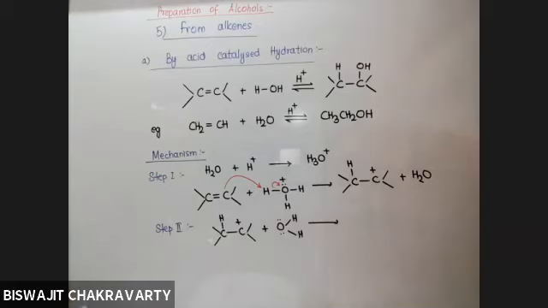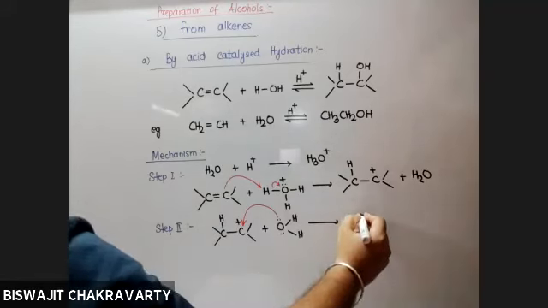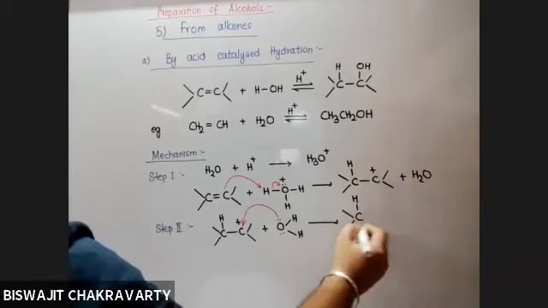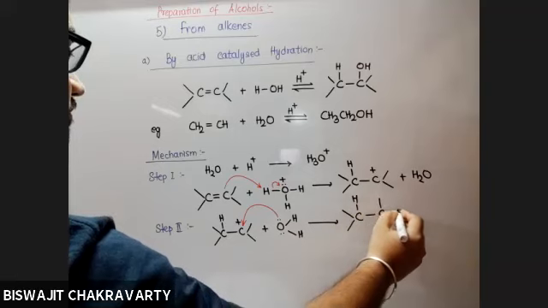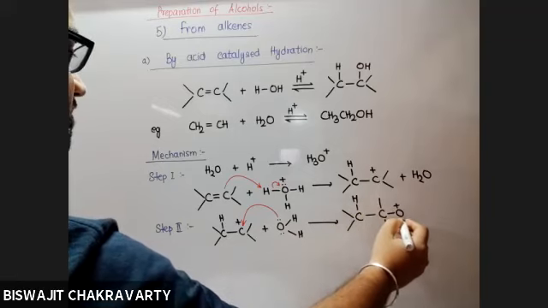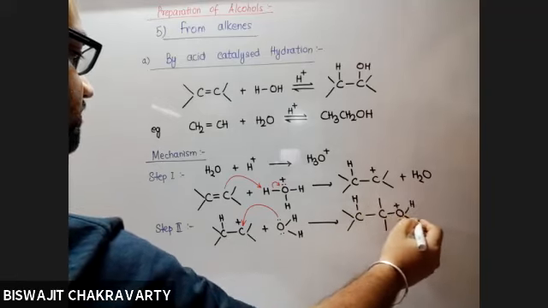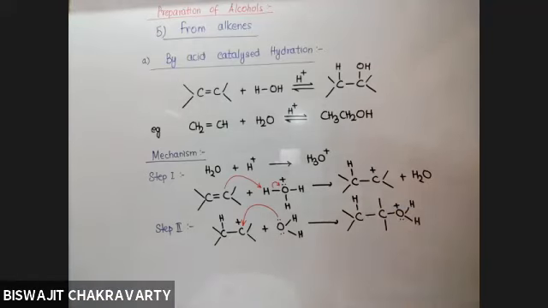So oxygen will be donating one of its electron pairs to the carbocation, thereby developing positive charge on it, and accordingly oxygen again becomes positively charged.